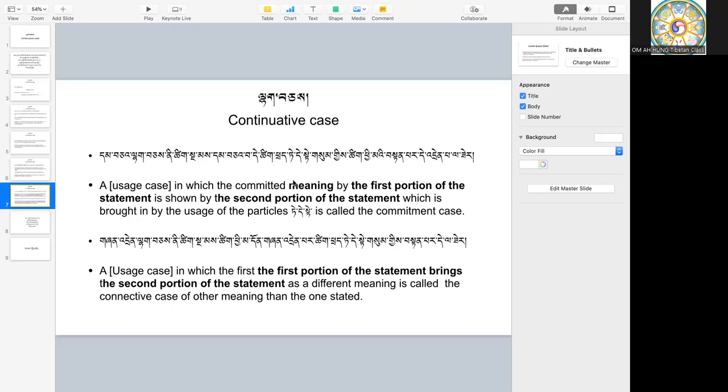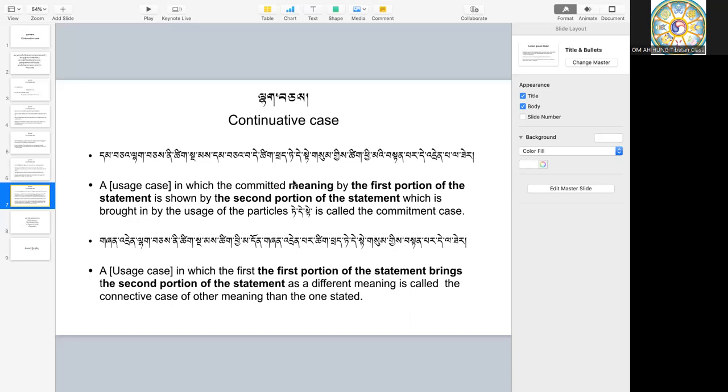So meaning means whatever needs to be stated, or a function of a statement or narration. So the committed meaning or the committed statement is committed by the first portion of the statement. So what do we mean by the first portion of the statement? We have actually written many statements in which we have both the first portion and the second portion.